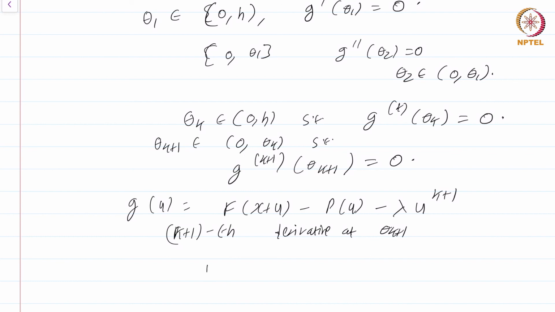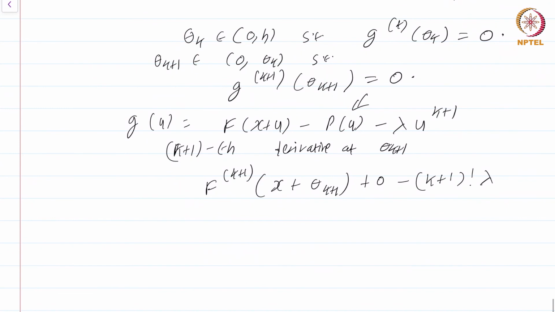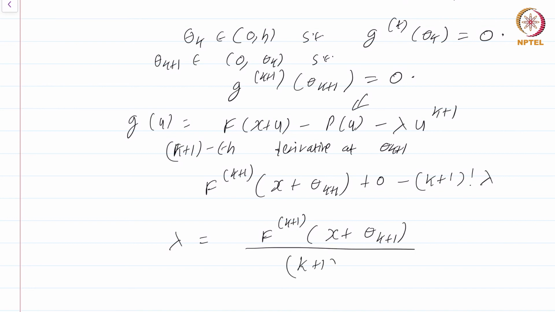Well, that's just going to be f of k plus 1 at x plus theta k plus 1. This polynomial is a polynomial of degree k, so that vanishes, and this will just give us minus k plus 1 factorial times lambda. In other words, lambda is just going to be f of k plus 1 at x plus theta k plus 1 divided by k plus 1 factorial. This is what lambda is going to be.